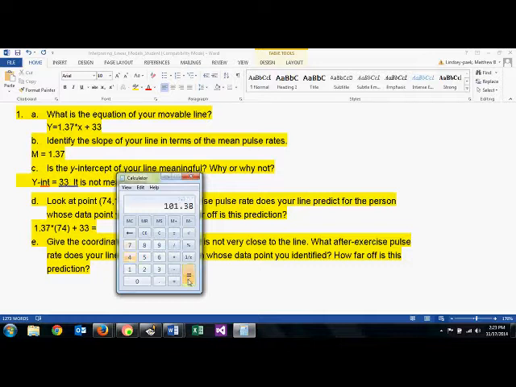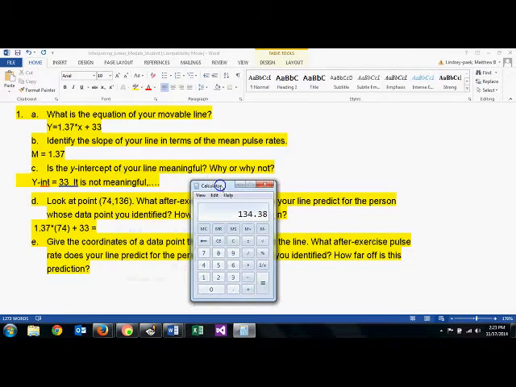Now I'm going to add the y-intercept, or the 33 points, and I got 134.38. In actuality, the person's pulse rate after exercising was 136 beats per minute, but our model showed us 134.38.